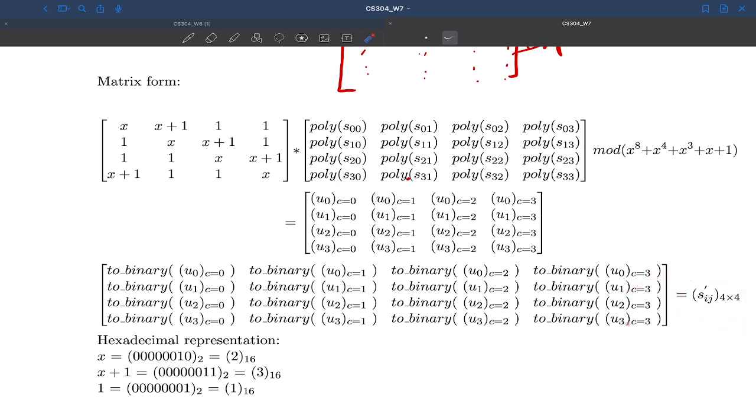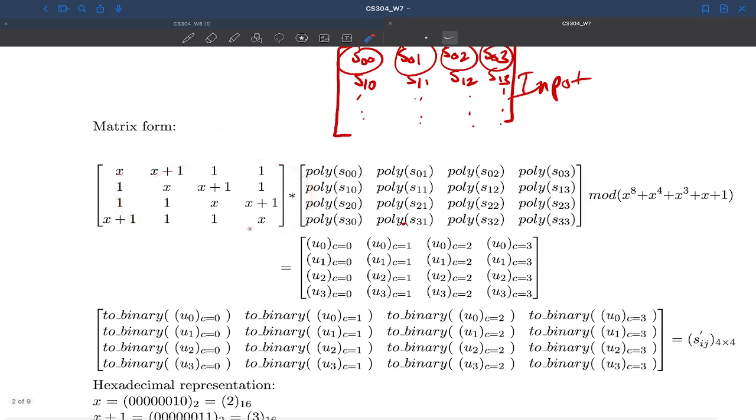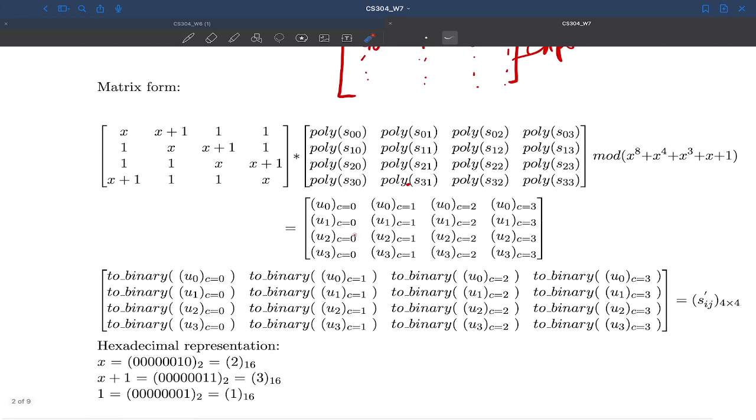There is nothing extra here, nothing difficult here. Just simply convert each entry to a polynomial. Transform that polynomial using this matrix by multiplying that matrix with that polynomial matrix. You will get a new polynomial matrix, and that new polynomial matrix is again converted to binary form, and that will be my output of mix column.